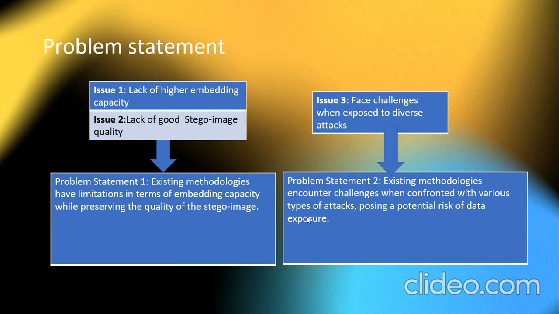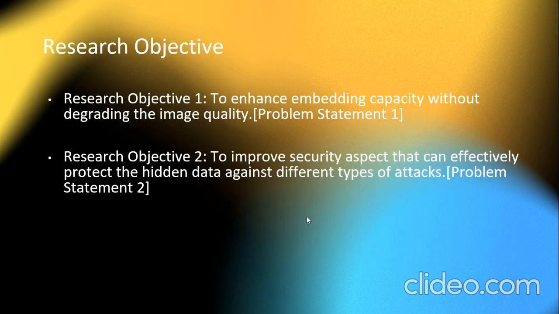Existing methodologies encountered challenges when confronted with various types of attacks, posing a potential risk of data exposure. Research gap we have found; the research objective we have identified is to enhance embedding capacity without degrading the image quality, and to improve the security aspect so it can effectively protect the hidden data against different types of attacks.